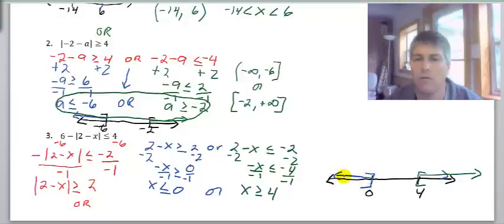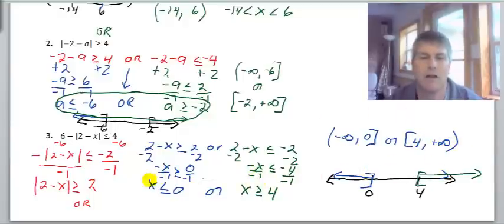And that's all of those values. There's the graph of our solution. That does seem to make sense. So we're going to go from negative infinity to 0 and include 0, or we're going to go from 4 to positive infinity. So there's our interval notation, our graph, and our algebraic solution.